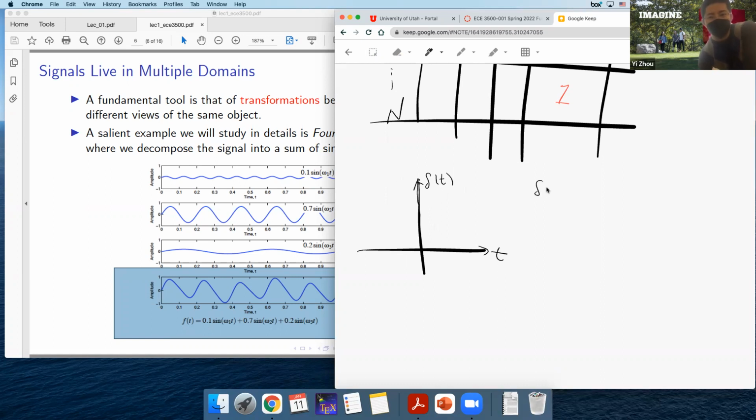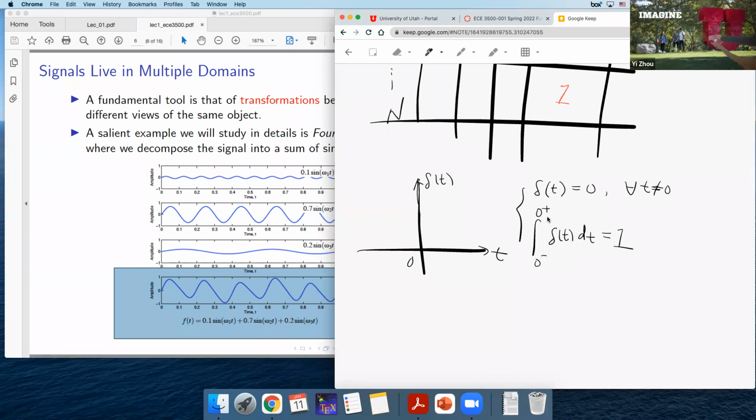Delta t, how to describe this? Delta t equals 0 for all t not equal to 0. So that means everywhere else, the signal is empty. But at this original point, this signal has an infinite amplitude. That's how we formally define this signal.